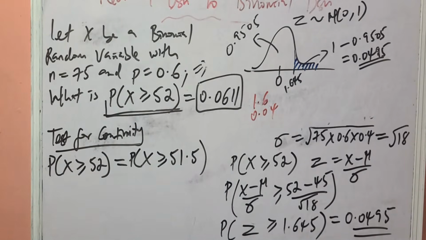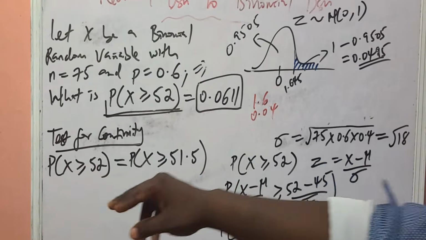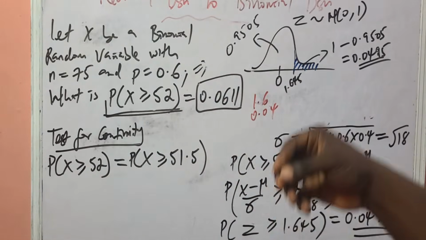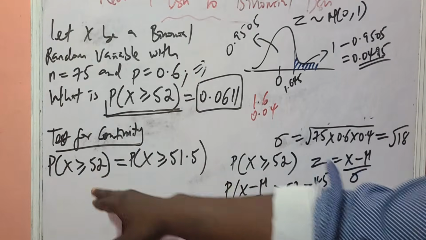Now, this is why. You see, if you are trying to get all of 52, the question said it's not just greater than 52. There's a difference between greater than or equals to 52 and greater than 52. This one included 52.